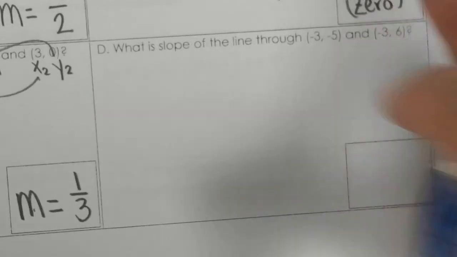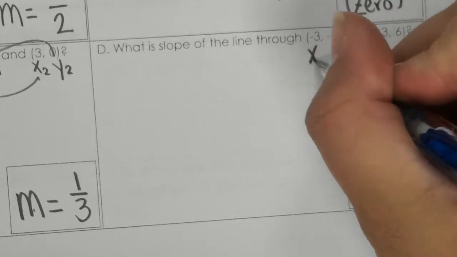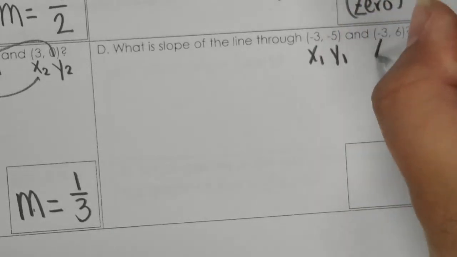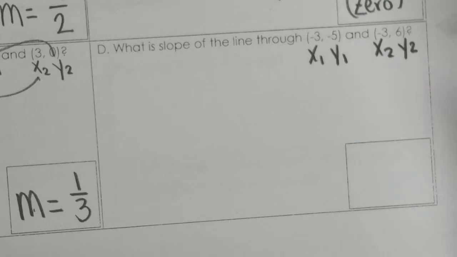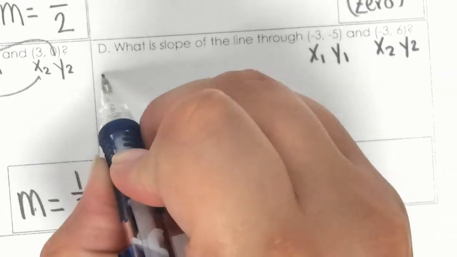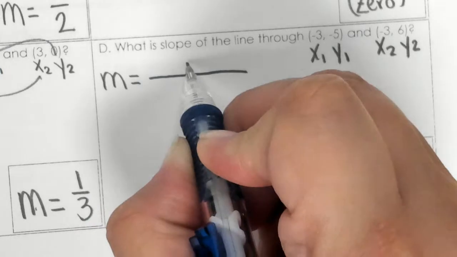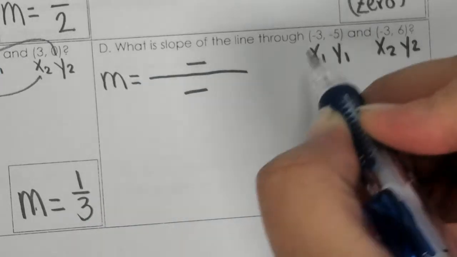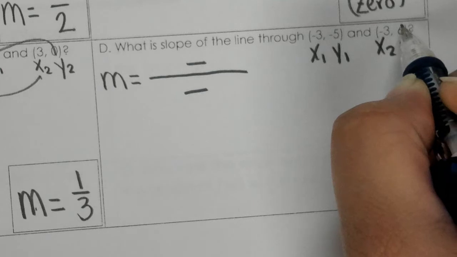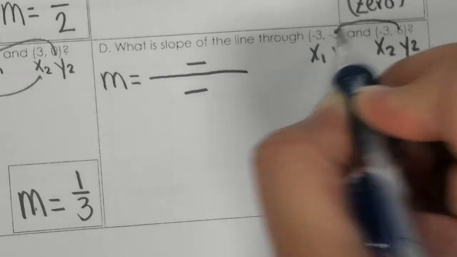Okay, last one, letter D. Again, we're going to label x1, y1, x2, y2. Then we have our slope. So fraction bar, minus, minus. Start with y2 first. So y's are on top. 6 minus negative 5.